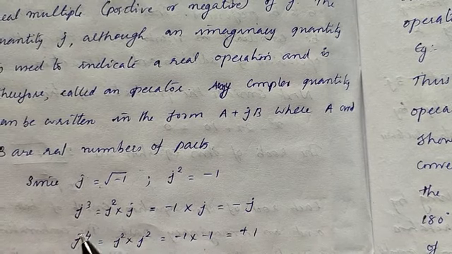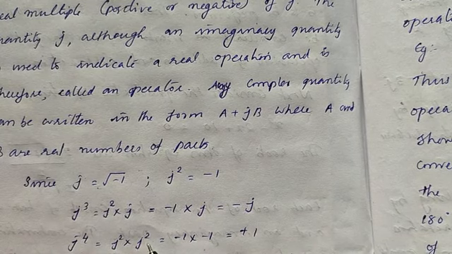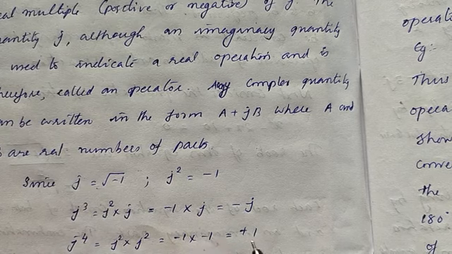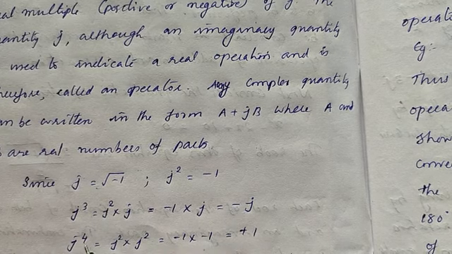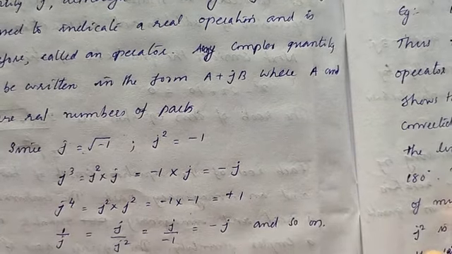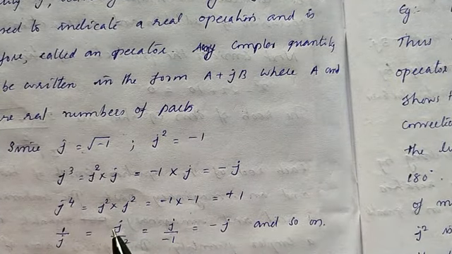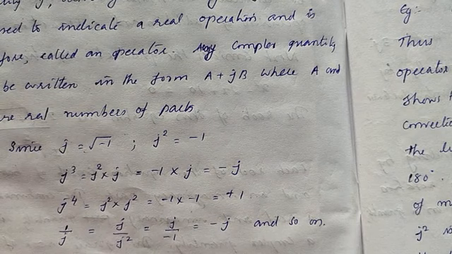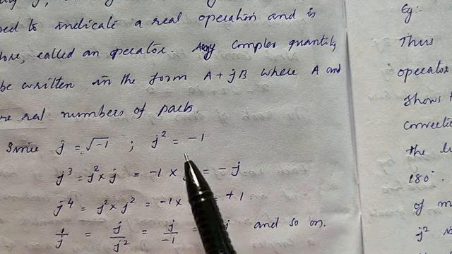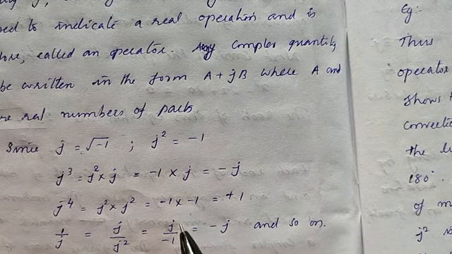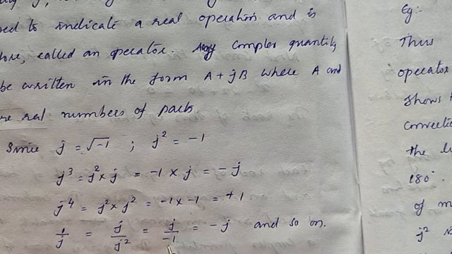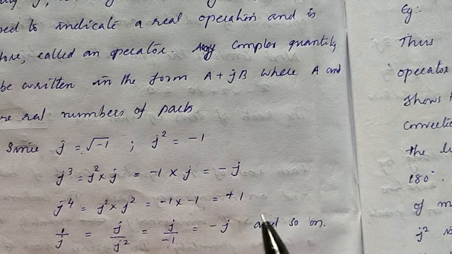Again, j to the 4 can be represented as j square into j square, which is minus 1 into minus 1, which is plus 1. So j raised to 4 is plus 1. And if we take 1 by j, we can represent it as j by j square. So that will be j by minus 1, since j square is minus 1, which is again minus j.